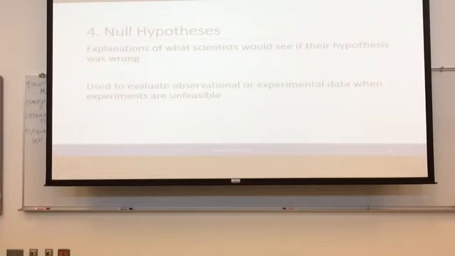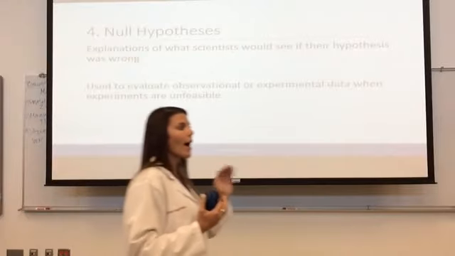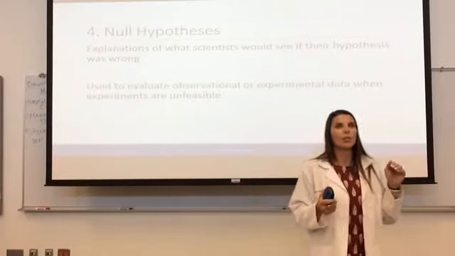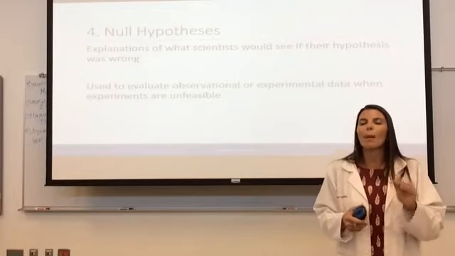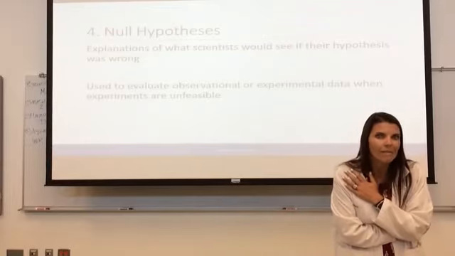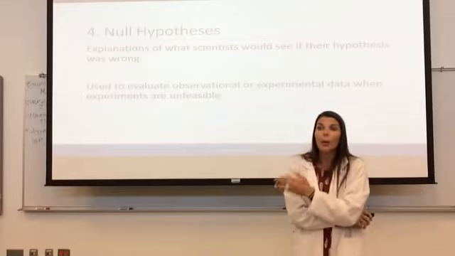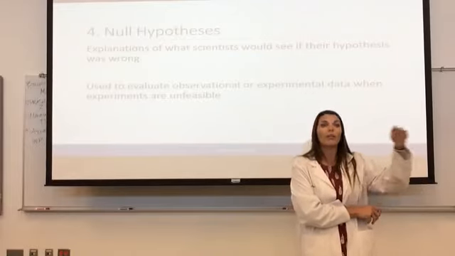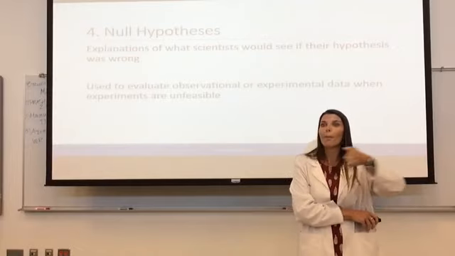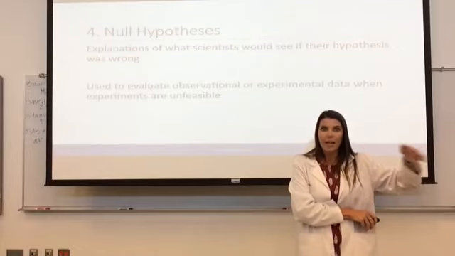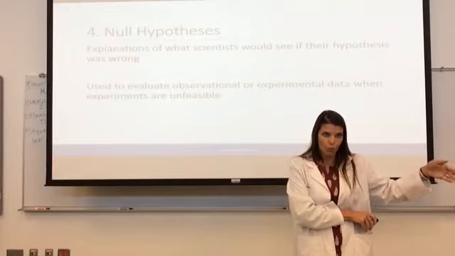I don't know. So if my hypothesis is that people in Texas will wave more than people in Virginia, guess what my null hypothesis is? People in Texas do not wave more than people in Virginia. So whatever my hypothesis is, it is saying that it is not true.